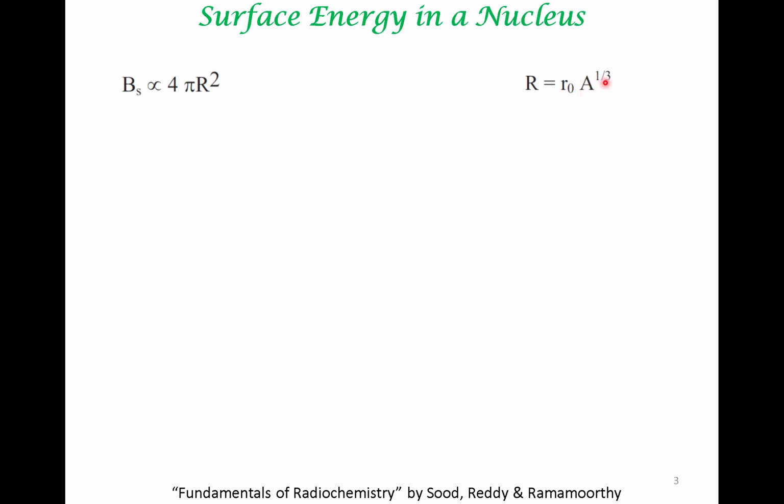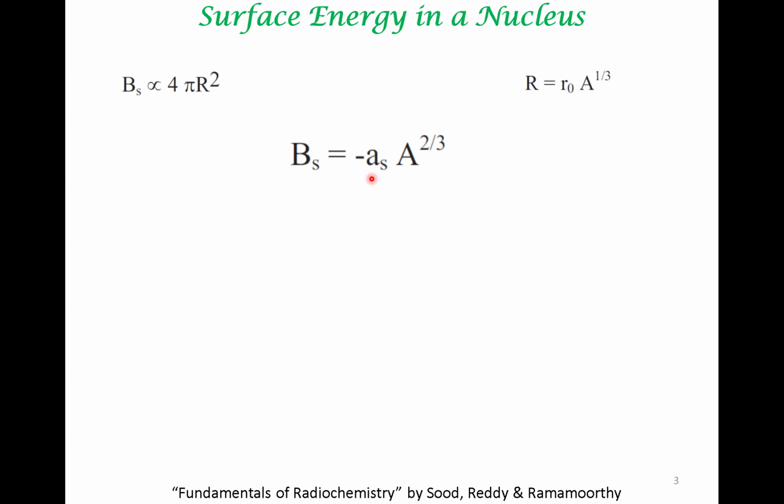This is the atomic weight to the 1/3. So putting these things together, we have a formula for the binding energy contribution from the surface. So why is this negative? The way to think about this is the surface of the nucleus has lesser coordination number.